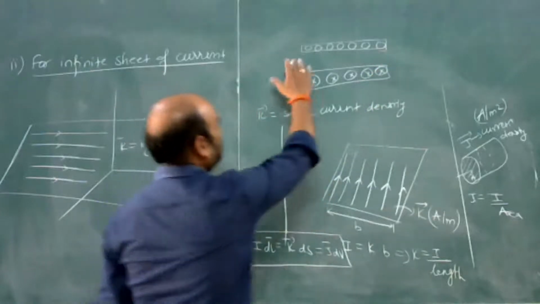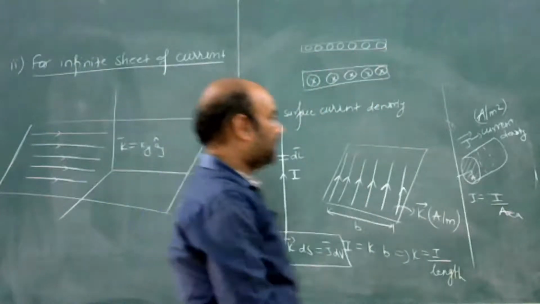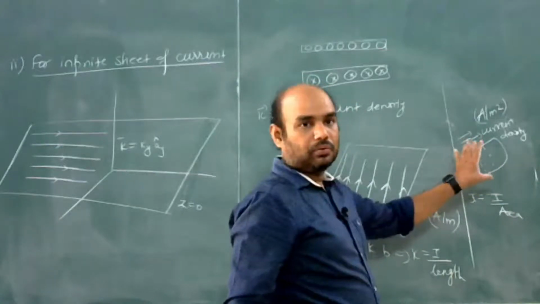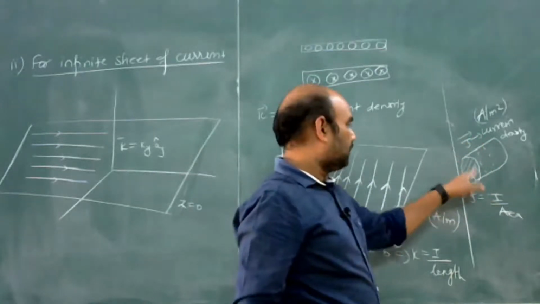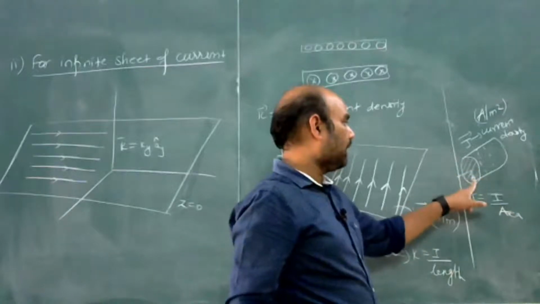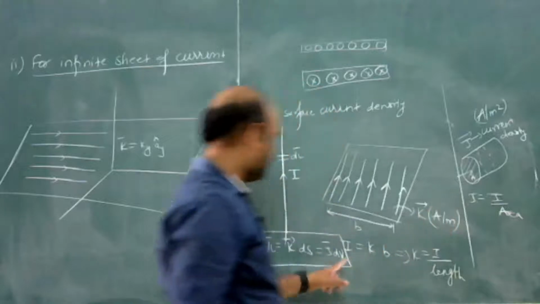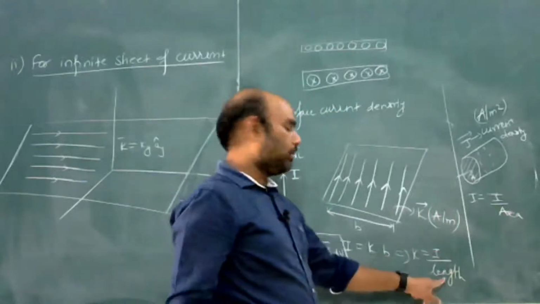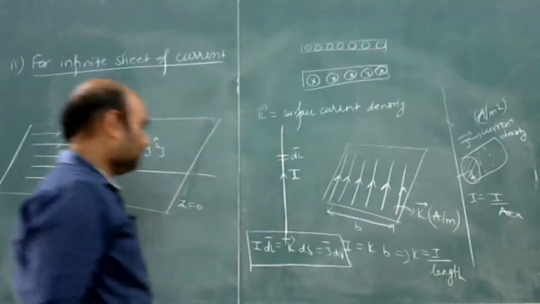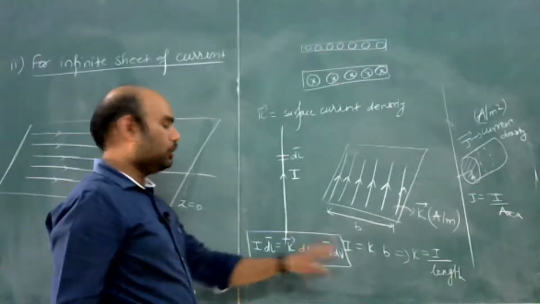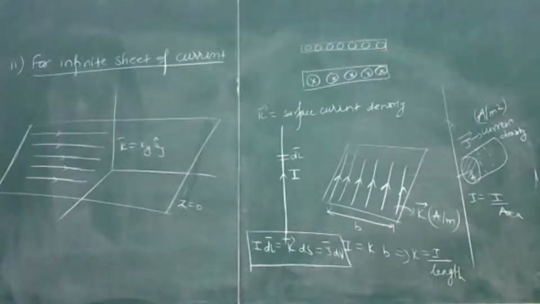So this is K. And if you take a conductor of this radius, with this area A, then J will be equal to I upon area, and K is equal to current upon length. So I dl is equal to K ds is equal to J dv. So these are the current densities.